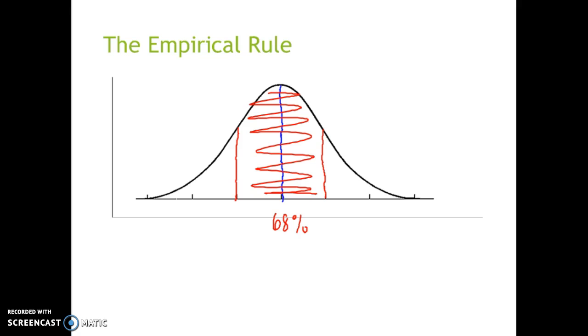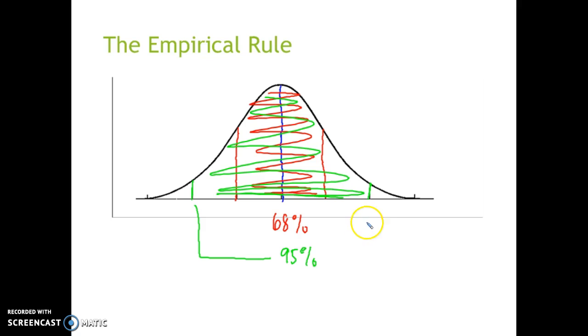Then if we go another standard deviation over, so now we're two standard deviations over. As long as it's within 2 from that mean, we're looking at 95% of our data. So the majority of our data, almost all of it, is within the 2 standard deviations of that middle mean.